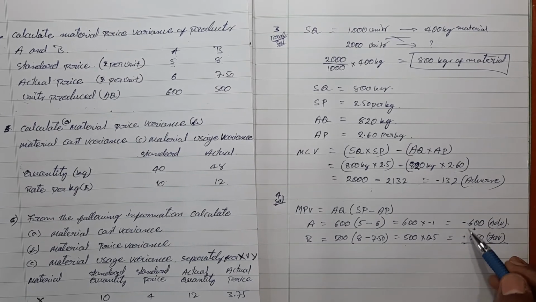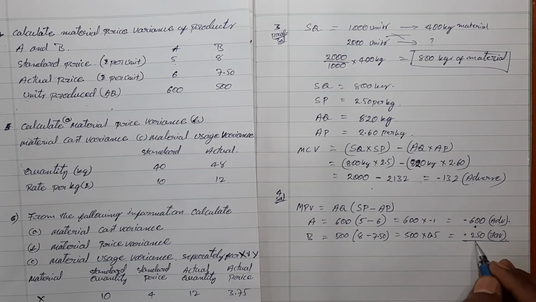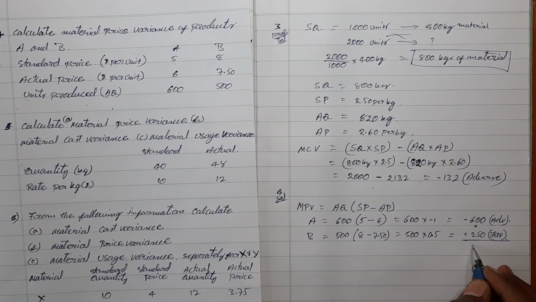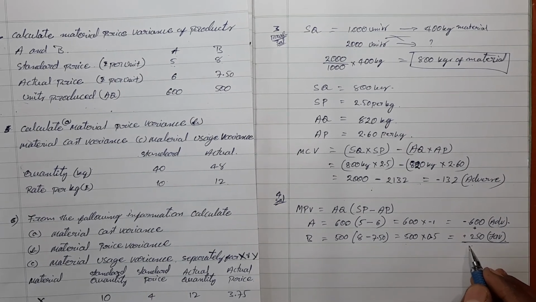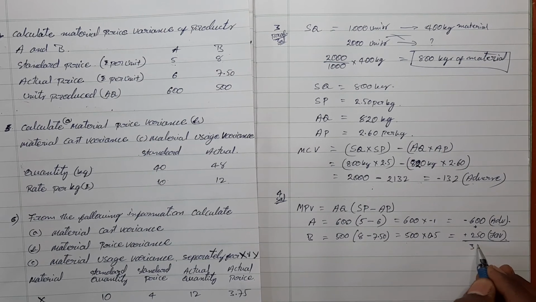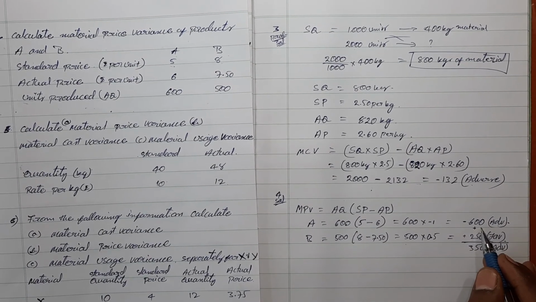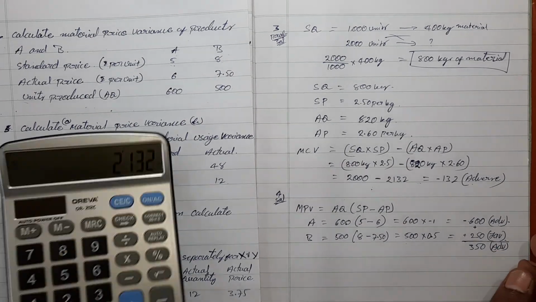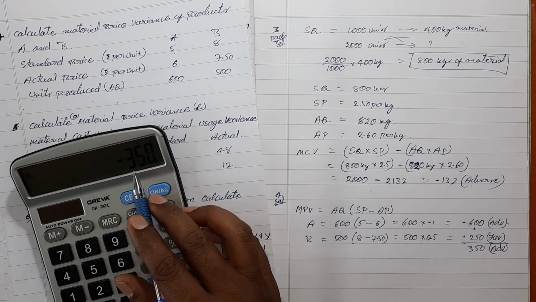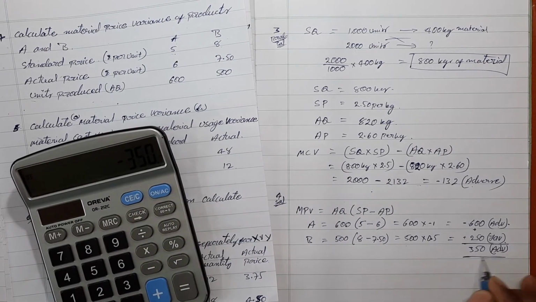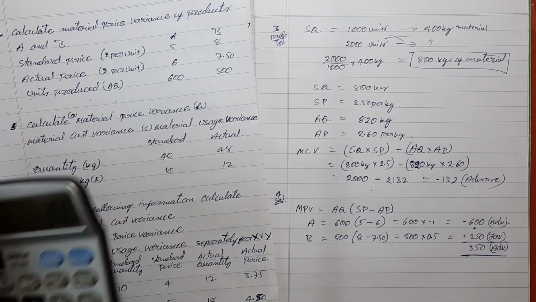Here there is a minus value and a plus value, so we deduct the two values: 600 minus 250 equals 350 adverse, because the minus value is more. Hence it is adverse. That is the material price variance value.